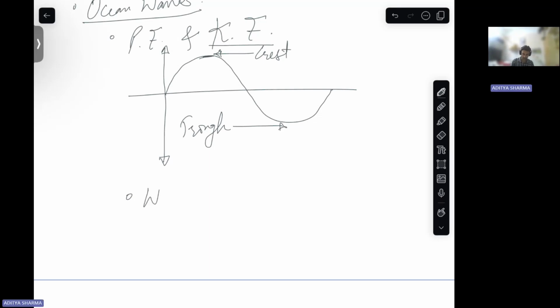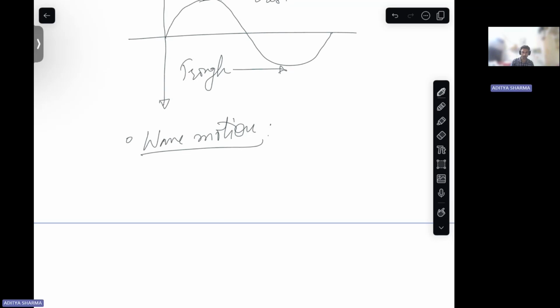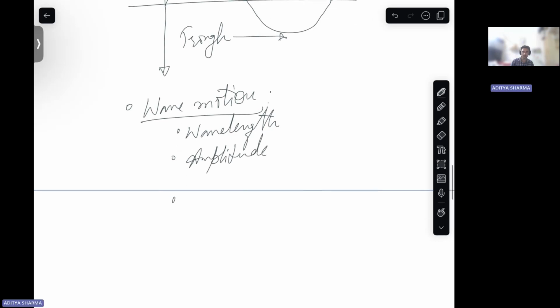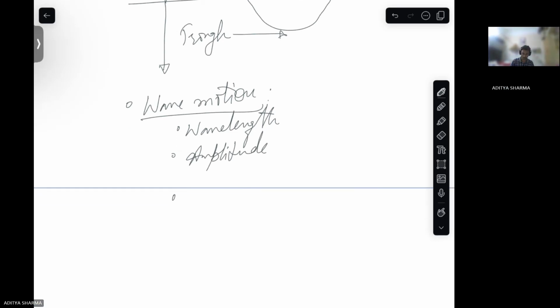And if your wave is sinusoidal in nature, in that case these two energies are equal. So there are parameters related to wave motion that we must be very clear about. One is your wavelength, then your amplitude, then your period, then wave propagation velocity.